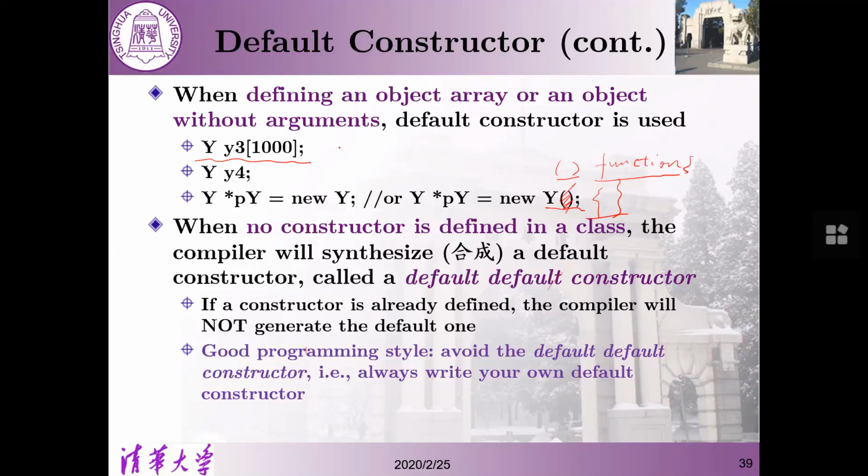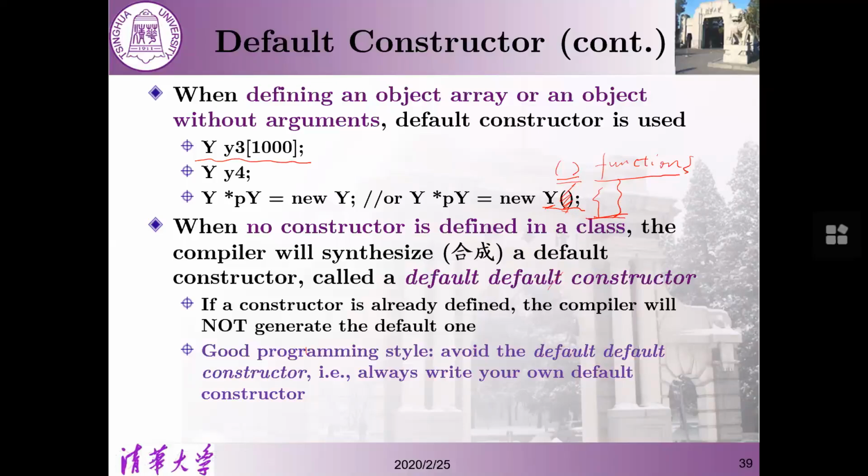Am I clear? If it is called 1,000 times, there will be 1,000 lines of the printed message. Okay, you can check it. I think the constructor will be called 1,000 times. Then this grammar is better because in this way there's no confusion between function calls and object creation.